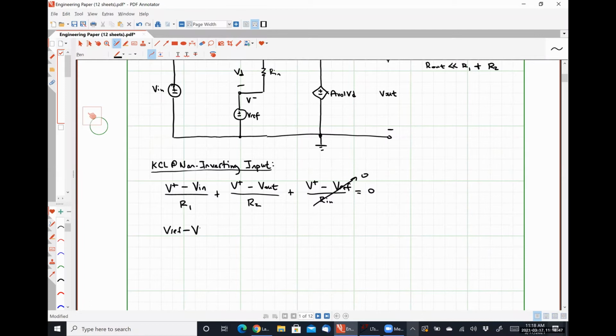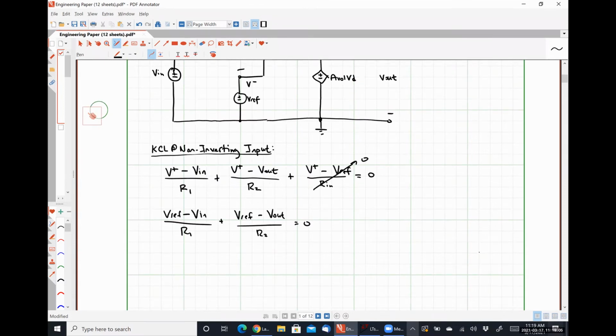So if I make that substitution, Vref minus Vn over R1 plus Vref minus Vout over R2 is equal to 0. And I do a little bit of algebra.